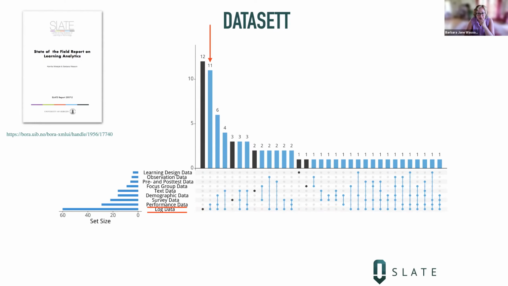And then if we look to see when they used log data with performance data, demographic data, pre and post test data, there was one paper. So you read this table by going across to see exactly how many papers were using different individual data sets, and then you see that the majority of them are combining them with other data, and some of them up to 5 different kinds of data sets.